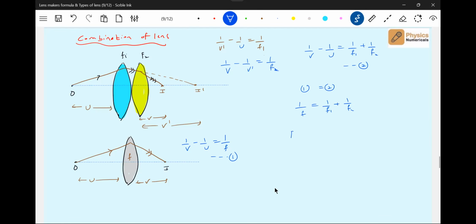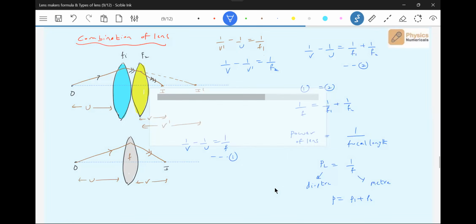Then we'll go for the power. Power of a lens is inversely proportional to focal length, where focal length is in meter. Power of lens equals 1 by F. This will be in diopter, where focal length will be in meter. Then the power will become P equals P1 plus P2.